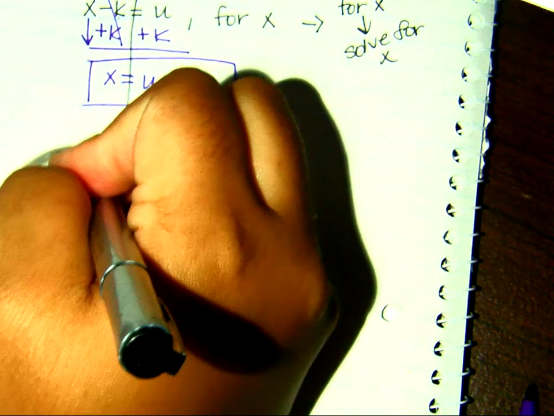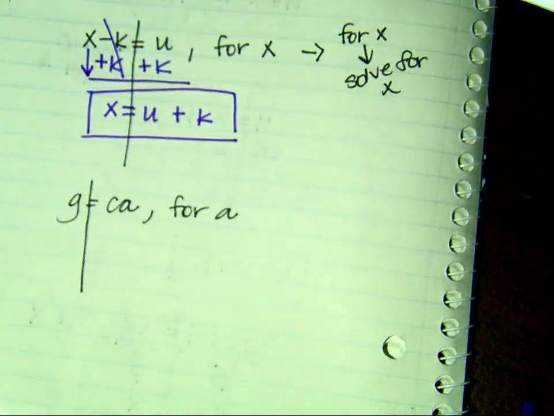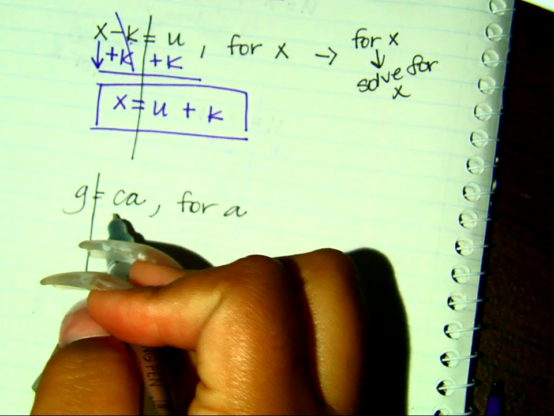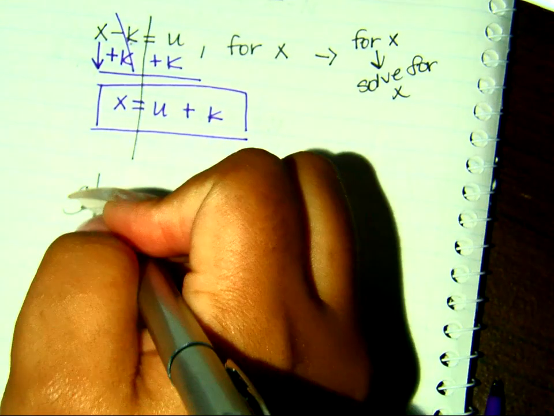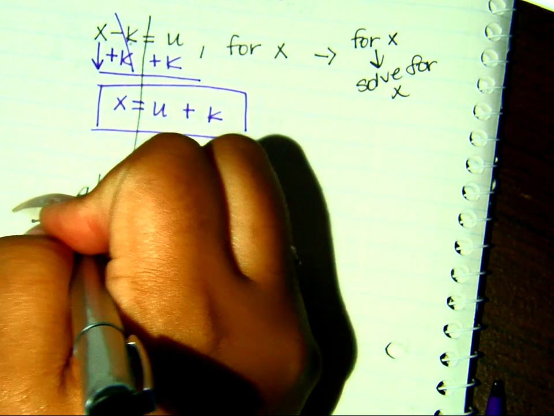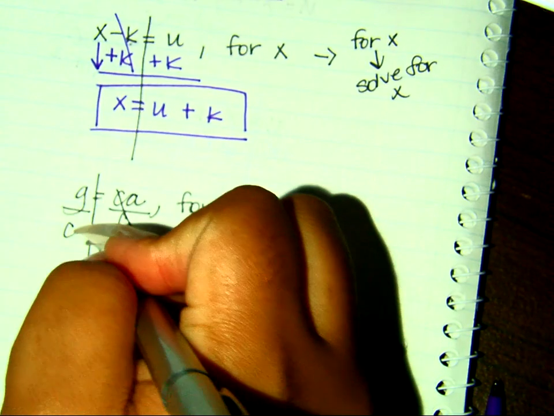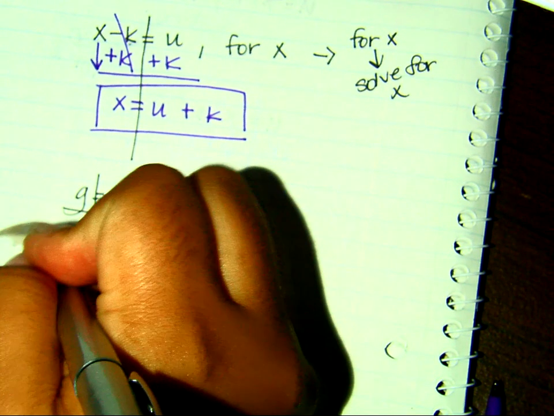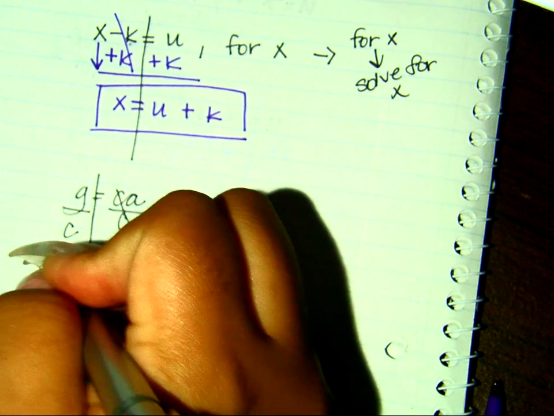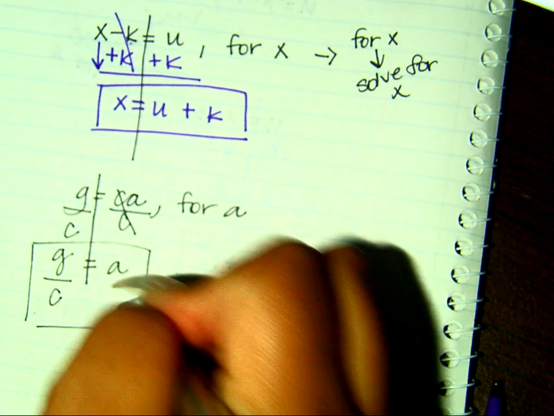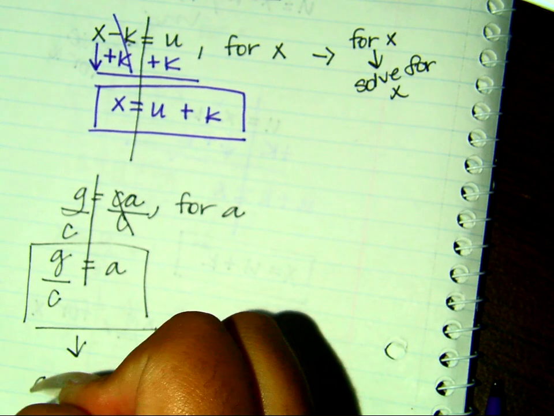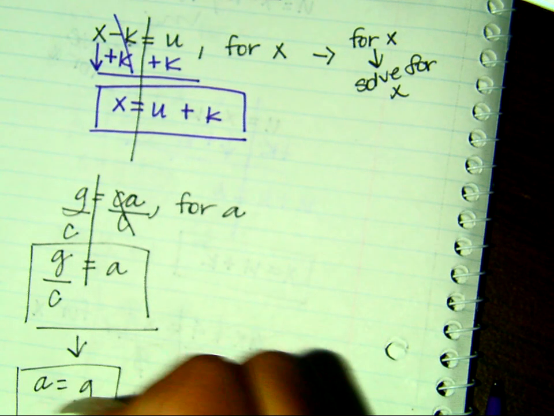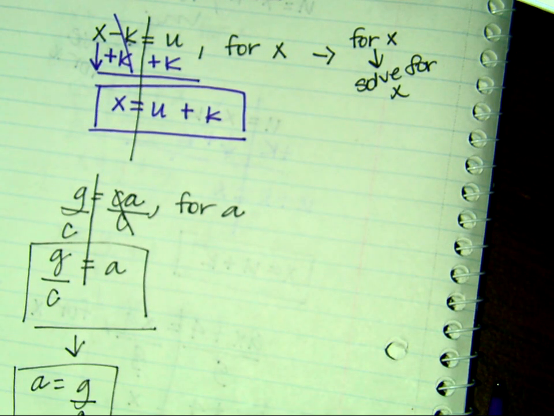So I'm going to draw my river, and I see that C and A are being multiplied, so I am going to have to divide by C on both sides to get A by itself. And now I have G over C equals A, which is A equals G over C, and we cannot combine these terms because they are not like terms, and that will be the final answer for that.